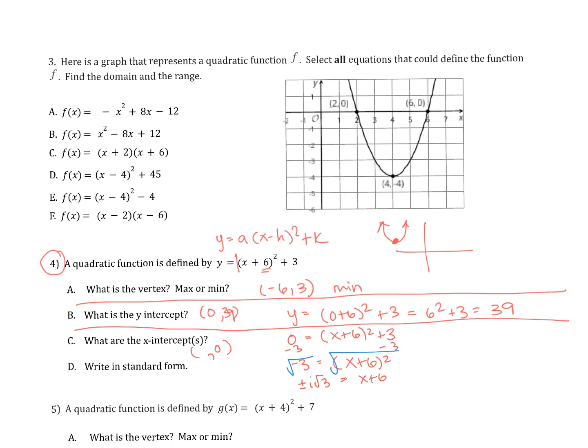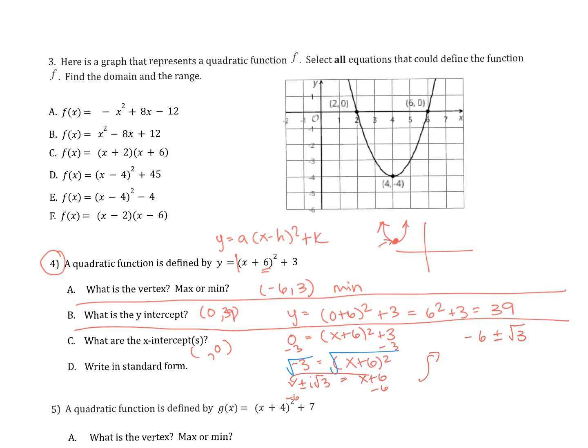My last step is to subtract 6 from both sides. We've talked in class how we just put that number in front of the plus or minus. So I ran out of room. I get negative 6 plus or minus the square root of 3. This is two numbers, negative 6 plus the square root of 3 and negative 6 minus the square root of 3. That refers to my roots, my x-intercepts.